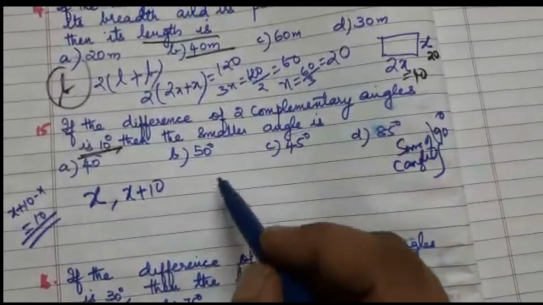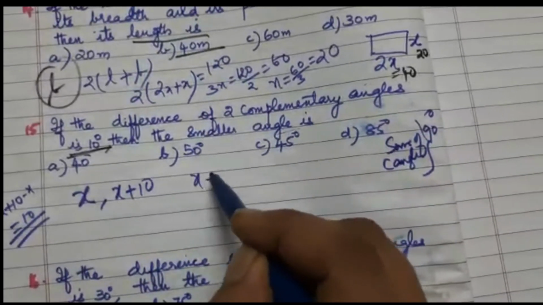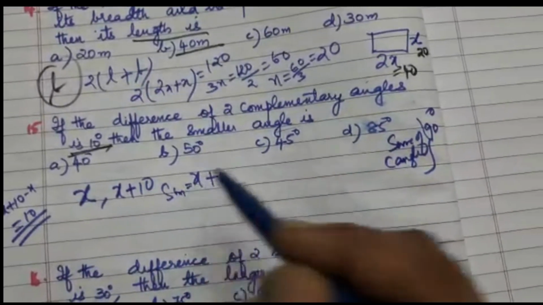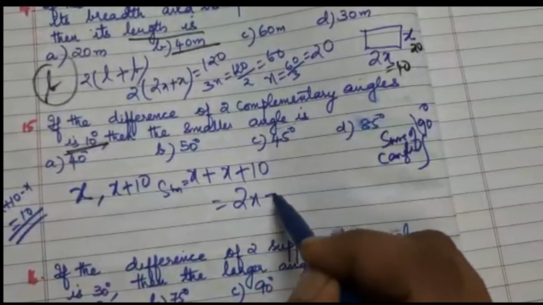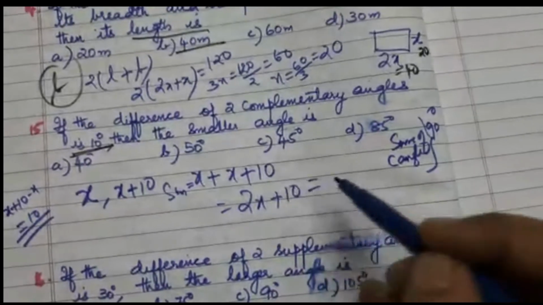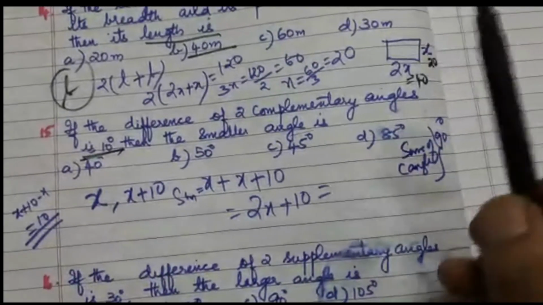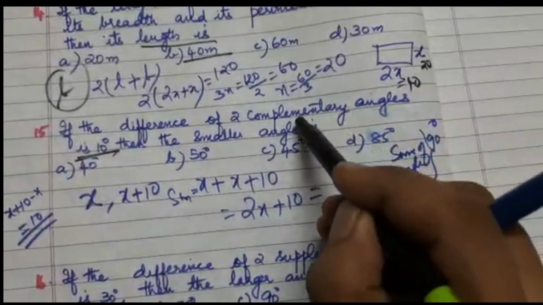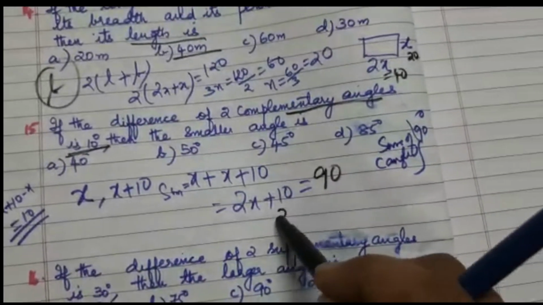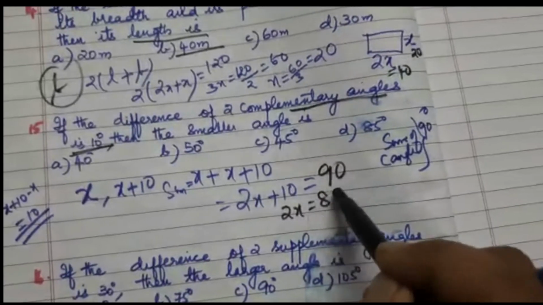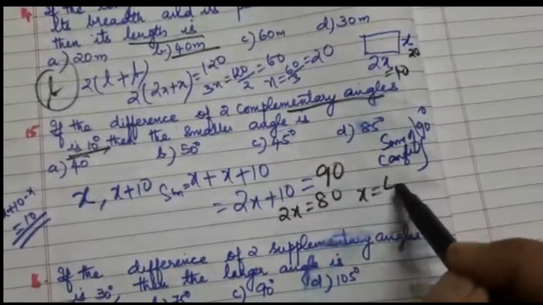So find the smaller. So the sum, x plus x plus 10, that is equal to 2x plus 10. That is equal to, if it is complementary angles, what will it be? 90 degree. So 2x is equal to 80, x is equal to 40.